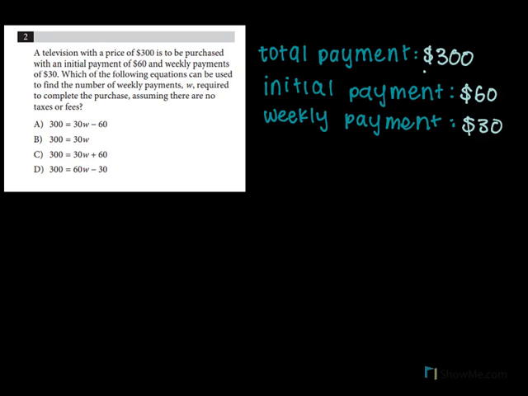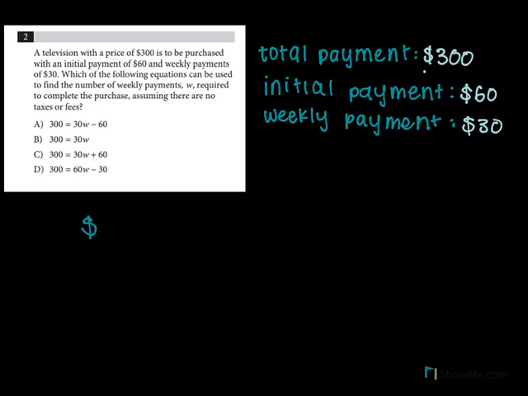So now the question wants us to find the number of weekly payments, W, required to complete the purchase. So basically, the initial payment plus the weekly payment should equal the total payment. So we can create an equation here.